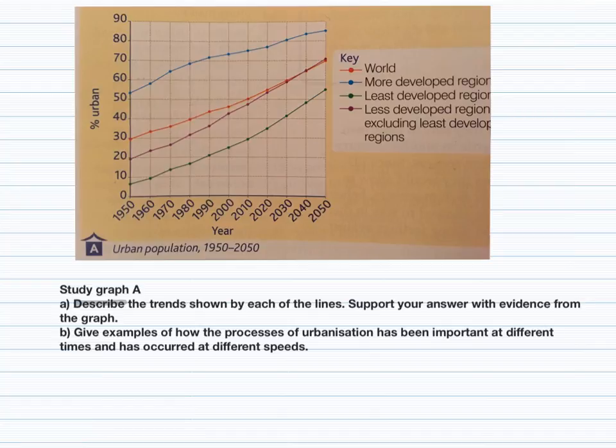So for example, you could say, here, in 1950, 30% of people lived in urban areas in the whole world. The majority of those in 1950 was the blue line, the more developed countries, whereas the least developed countries were right down the bottom.